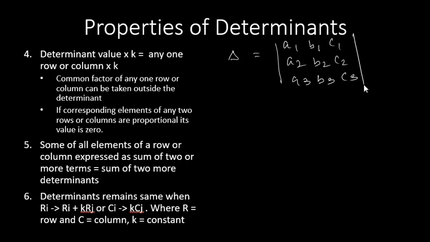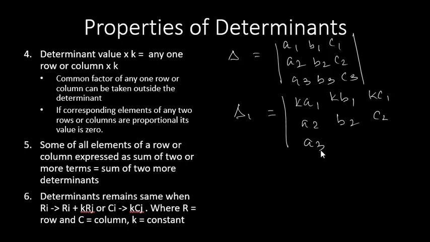Now let the first row be multiplied by k: kA1, kB1, kC1, A2, B2, C2, A3, B3, C3. Here k may be an arbitrary constant.